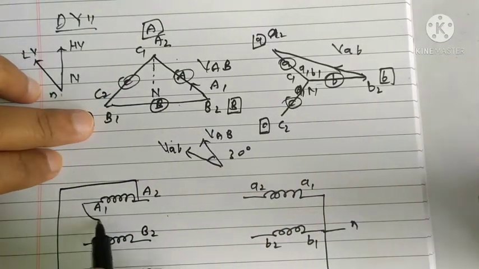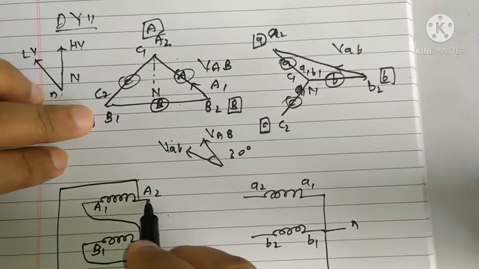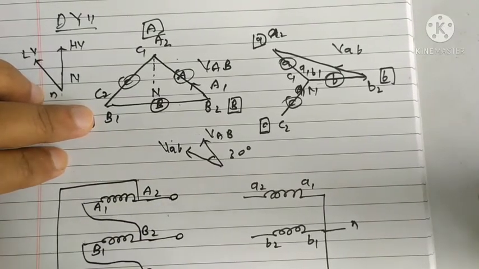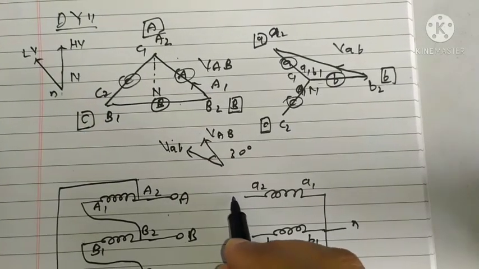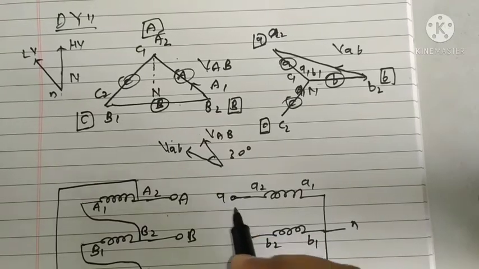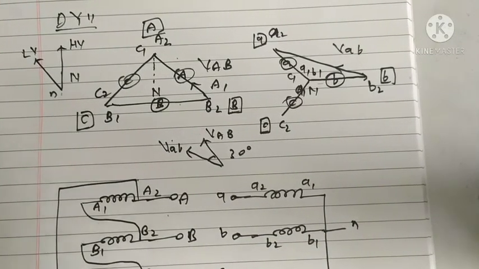A1 is connected to B2 and B1 is connected to C2, and these are the terminals, right? This is A, B, C. These are HV winding terminals and these are LV winding terminals A, B and C.